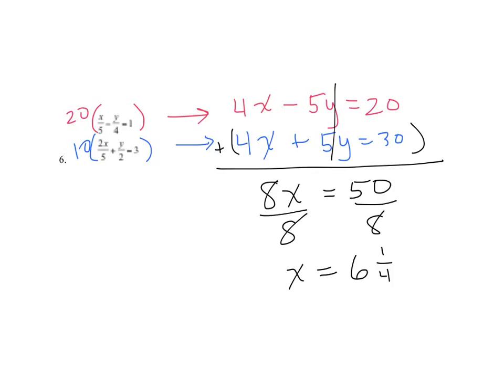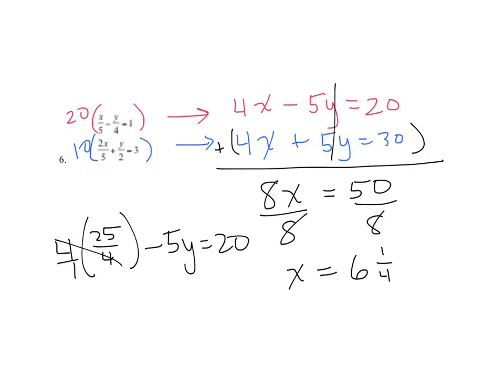And if I substitute, I'm going to actually substitute into one of my reformed equations instead of an original equation, because I've got all those crazy fractions. 4 times 6 and 1/4, I'm going to write that as 25/4 minus 5y equals 20. And the reason I wrote it as 25/4 is because it's easier for me to multiply that way.